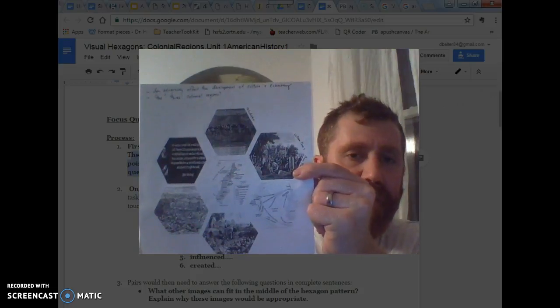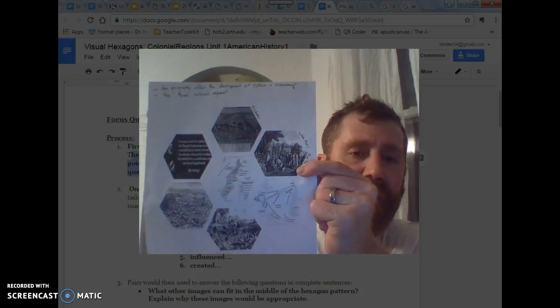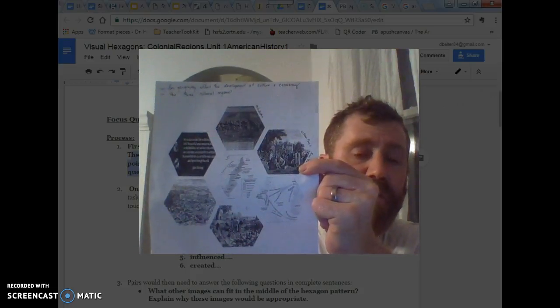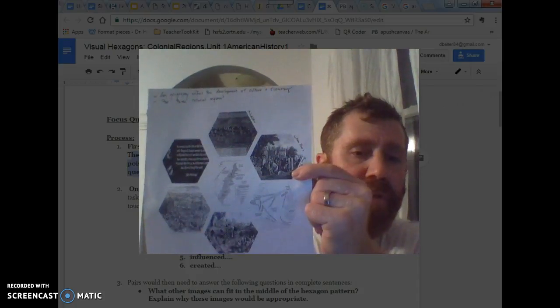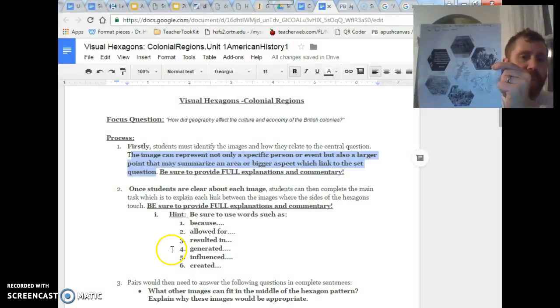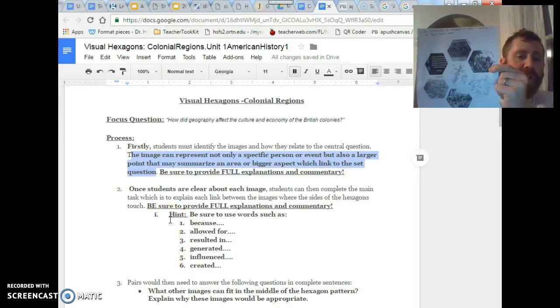Or how did Philadelphia affect the culture and economy of the middle colonies? So when you're identifying it and going through this first step, once again, after you identify whether it's a specific person or event or maybe a larger point, you want to try to associate it with either a particular region or explain how it's connected to all 3. So once you've gone through and you're clear about each image, then you can move on to step number 2.